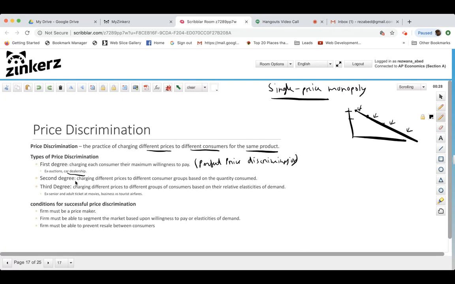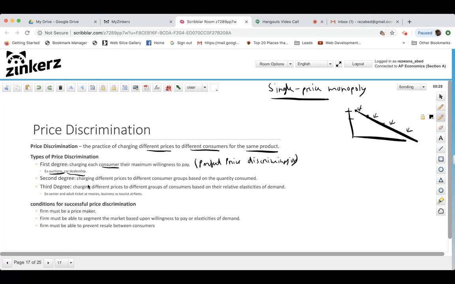Somebody wants to pay 20,000, somebody wants to pay 10,000, right? So when you do first degree price discrimination, you charge each person their maximum willingness to pay. And auctions also do this kind of thing. When you raise your hand, you're actually letting them know that this is my highest willingness to pay for that product.